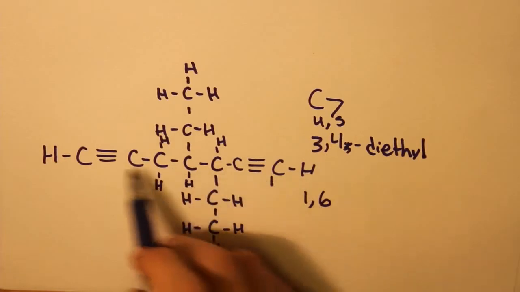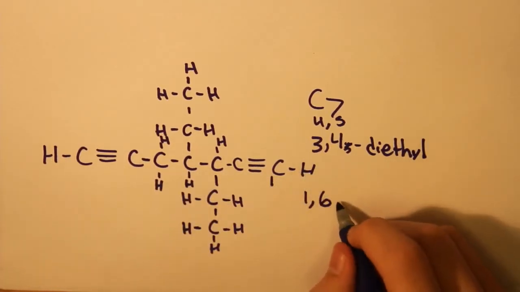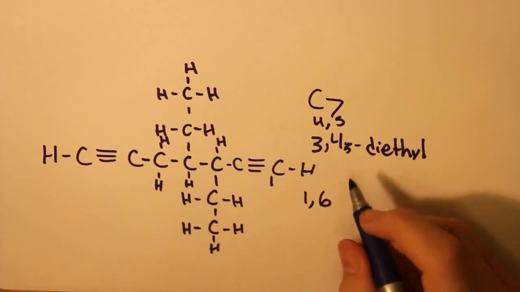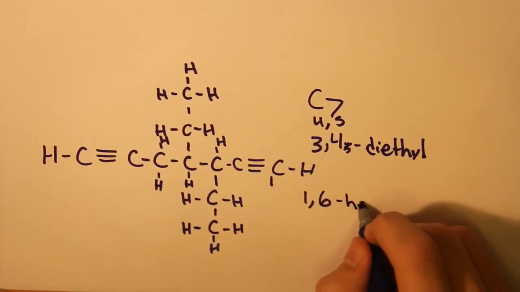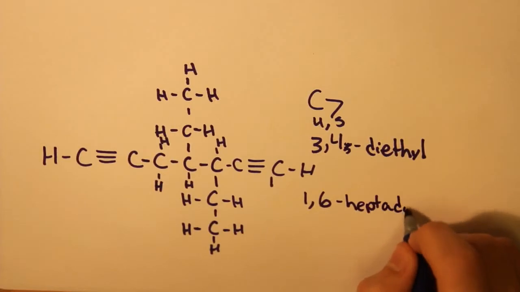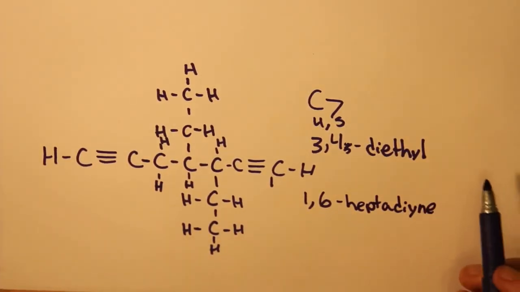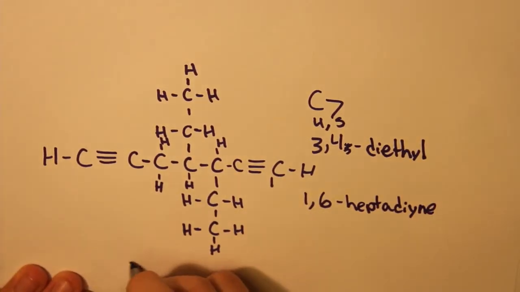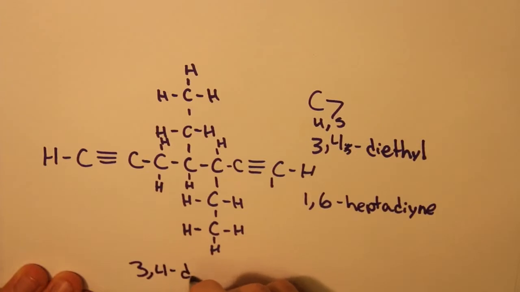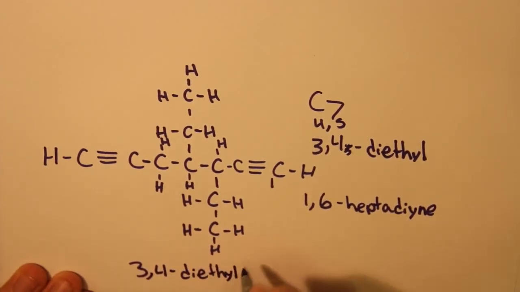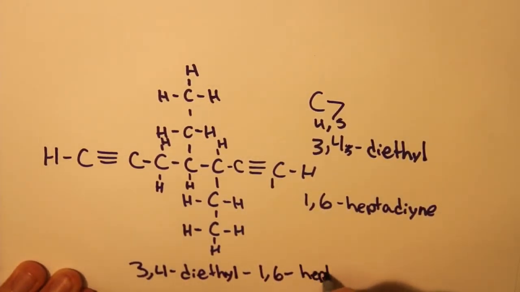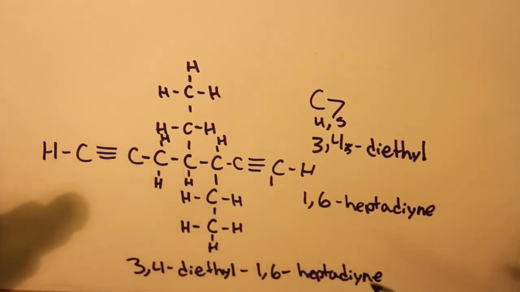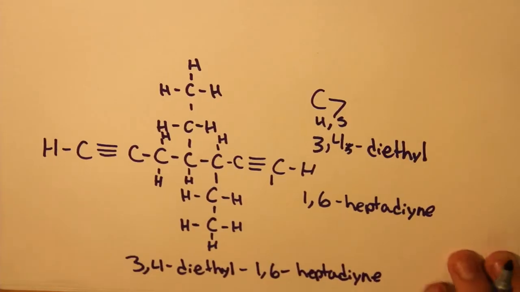And then because there's 7 of these carbons, it's going to be heptadiyne. So now we just connect this here, and we'll write it out fully as 3,4-diethyl-1,6-heptadiyne. So that is that big guy right there. That's how you write them out.